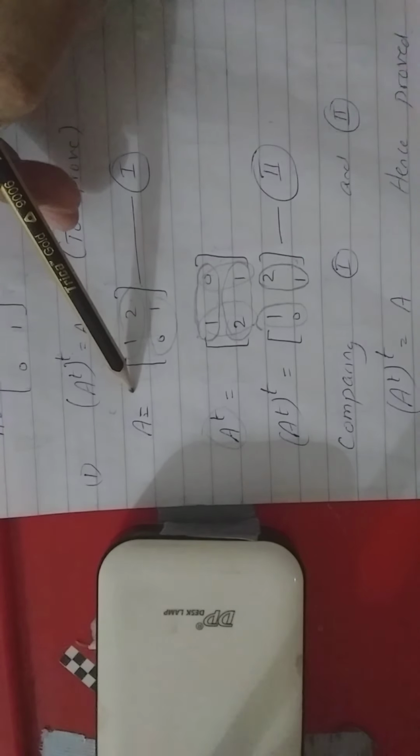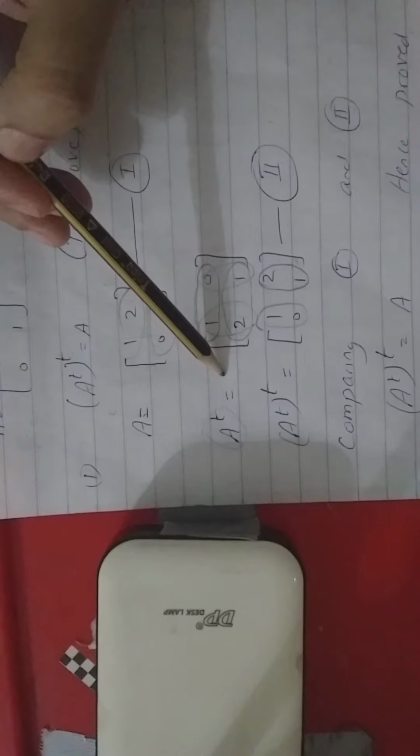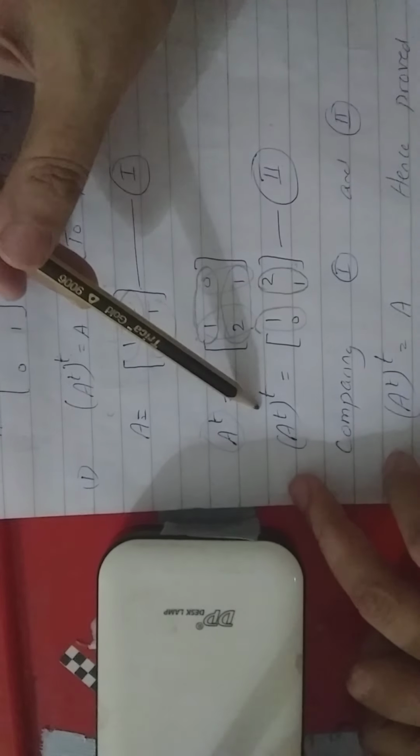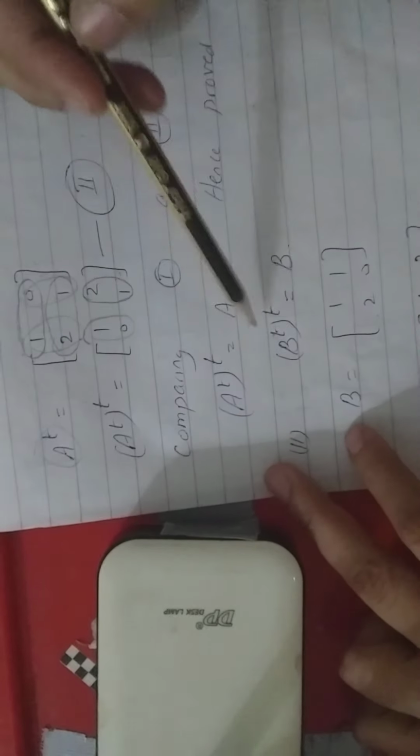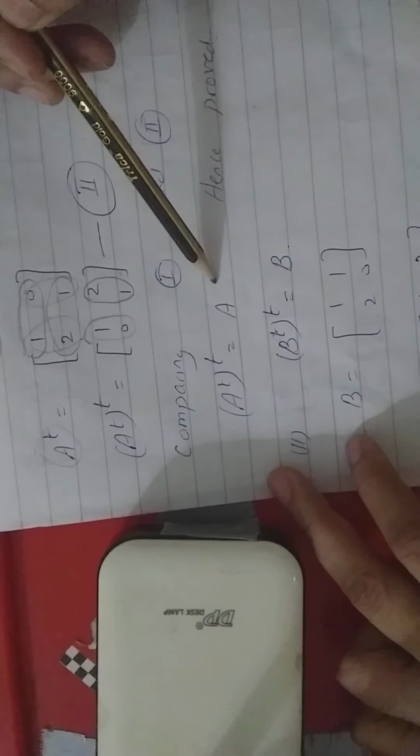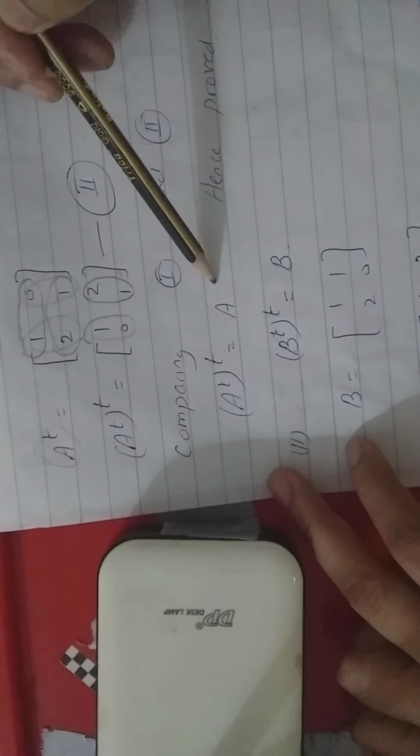First we took A, found its transpose, and then we took A transpose and once again found the transpose of A transpose. So from 1 and 2, what result do we have? That taking the double transpose of a matrix results in the same identical matrix.